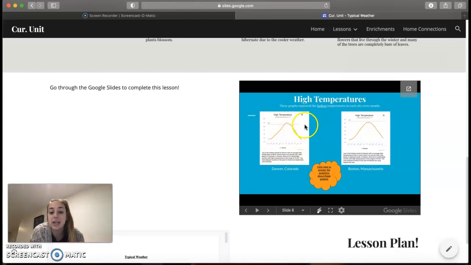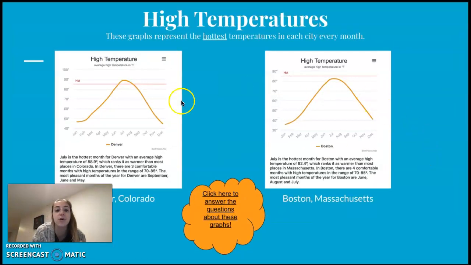So as you can see, and even if we want to go ahead and click full screen, this will take us to full screen. You can see that in January, the high temperature in Denver, Colorado was about 56 degrees. You also want to make sure to be reading these little paragraphs underneath the temperature graphs because it's going to give you some more information.